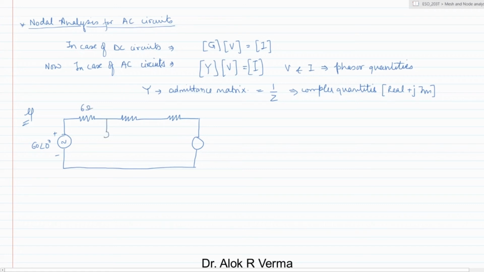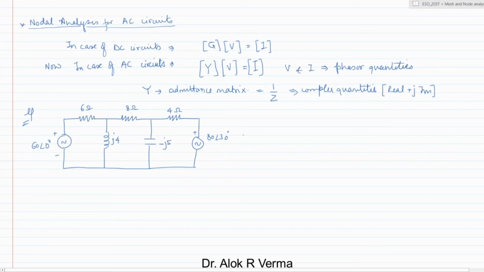Suppose there is an inductor whose value is j4, a capacitance of minus j5. Here it is assumed as 8. Here you can think of it as 4. And this AC voltage you can consider as 80 with some angle, suppose 30 degrees. So this is the given circuit.